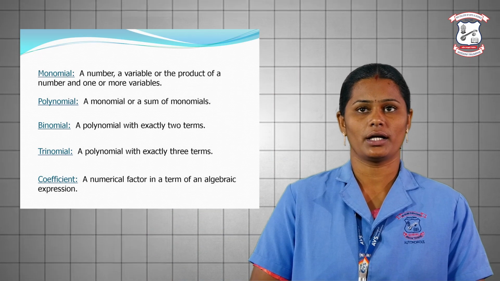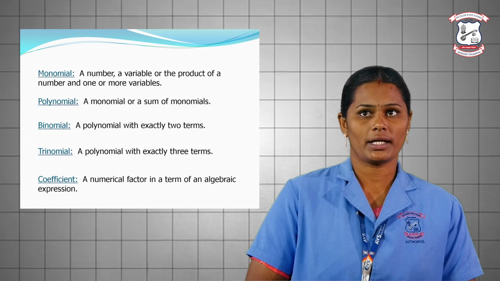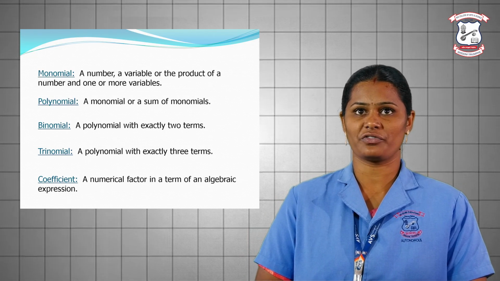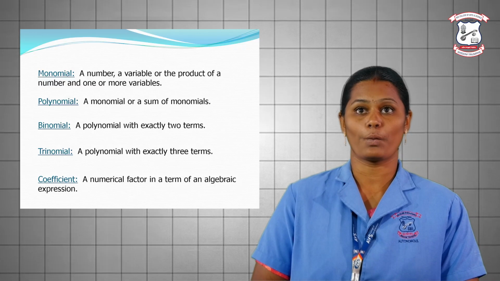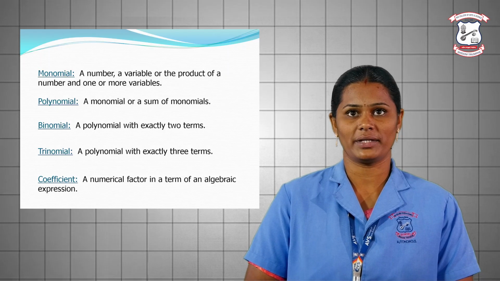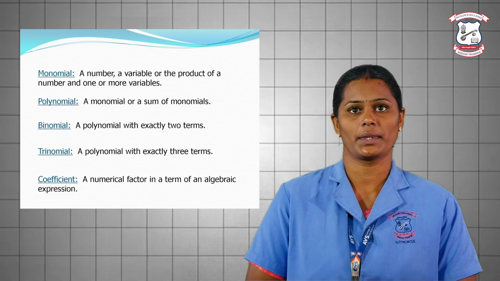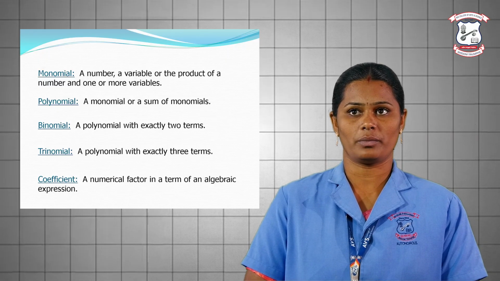Next one. So first one is monomial equation. A monomial is nothing but a number, a variable, or the product of a number and one or more variables. And then next one, polynomial equation.